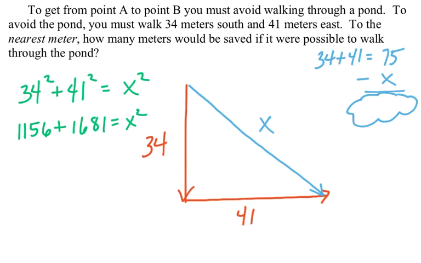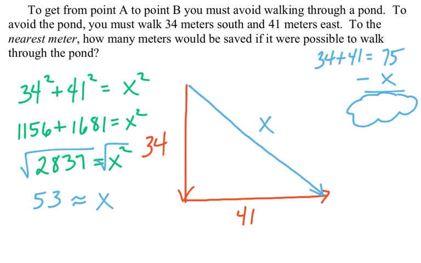When you add that together, you get 2,837 is equal to x squared. Take the square root of 2,837, and you get approximately 53 is the value of x. Well, so we have to take 75 and subtract 53, and we would have saved 22 meters if we would have been able to walk directly across the pond.